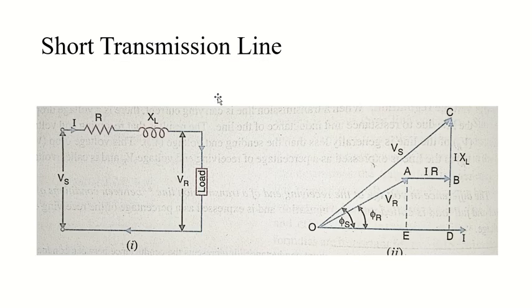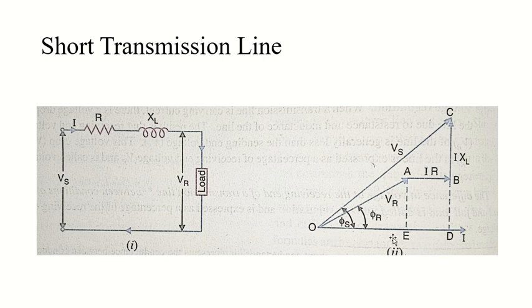Now let's come to every individual component. So first, can you tell me what will be the value of OE? If we take the cosine component of this vector, the VR vector, wouldn't that be equal to OE, right?